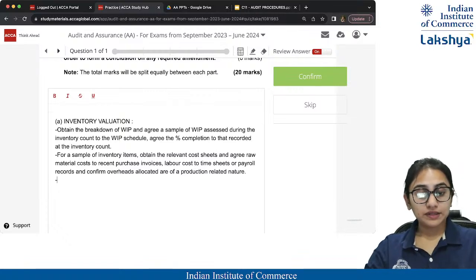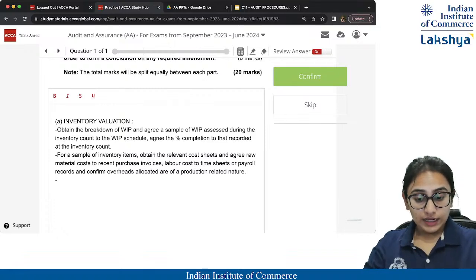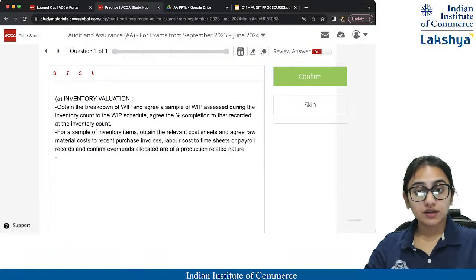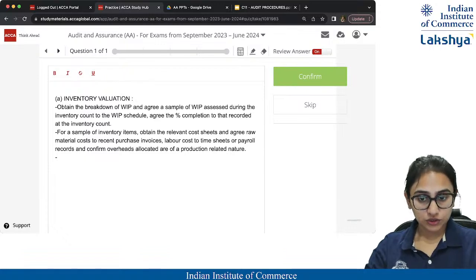Then you have to examine if any items have been written off and returned, which could signify a write down in the inventory valuation. So that is the next one.